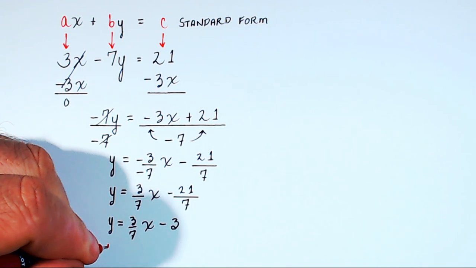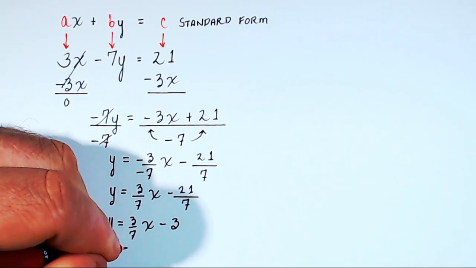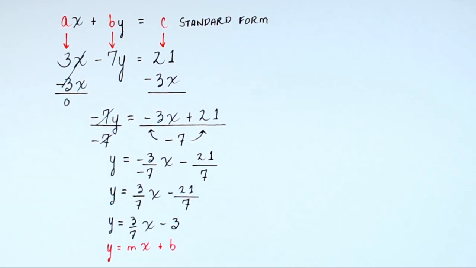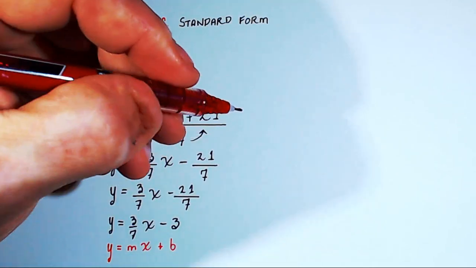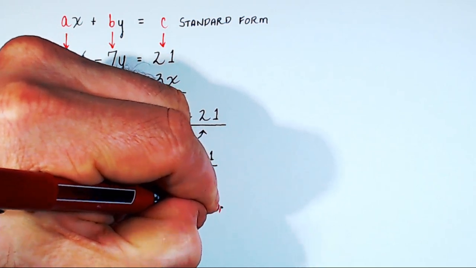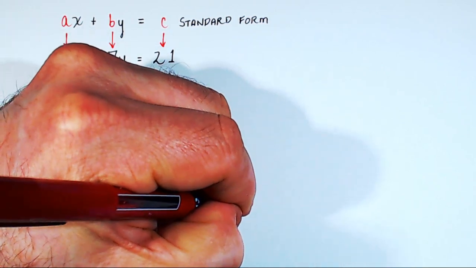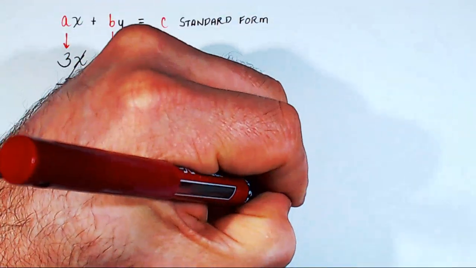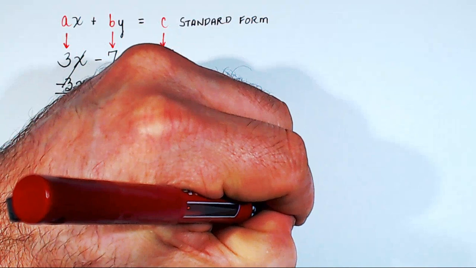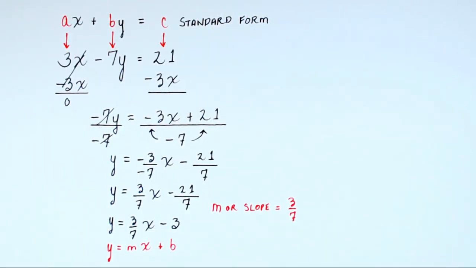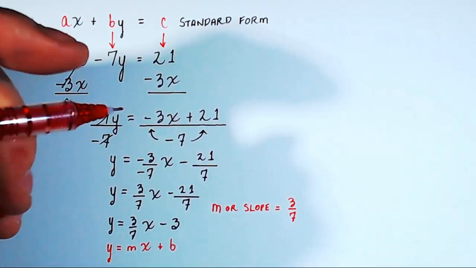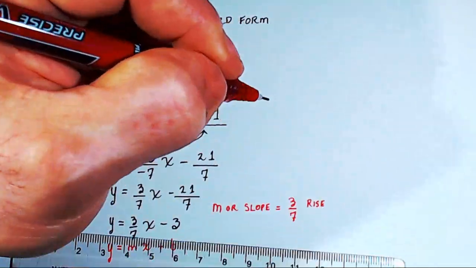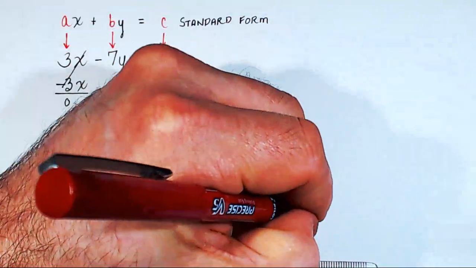Let's recall that slope-intercept form is y equals mx plus b. So what is our m? Our m, or our slope, equals 3/7. Not 3/7 x, just 3/7. That means the rise is 3 and the run is 7.